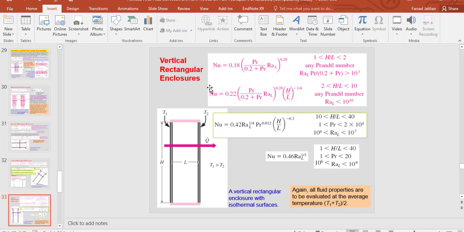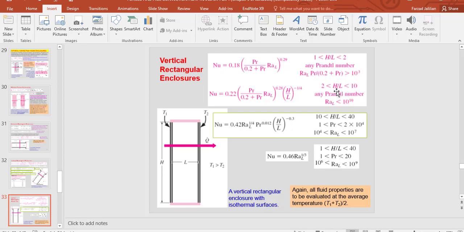So you can see for the vertical rectangular enclosure, we have this equation to find the Nusselt number, which is also dependent on the aspect ratio, Prandtl number, and also each one of them has a specific condition. You should check if it is satisfied or not. First, it is better to start with the aspect ratio. If the aspect ratio is between 1 and 2, you may use this equation if this condition is satisfied.